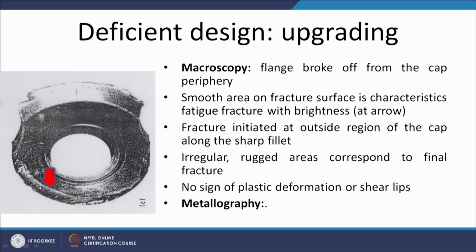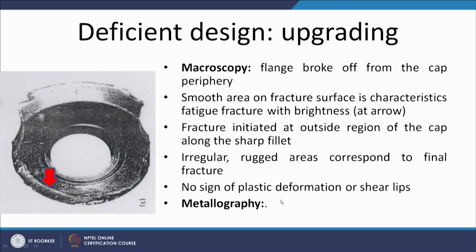A smooth region in this area shows the nucleation of the crack by fatigue, and thereafter it has grown in this direction, and then the sudden fracture zone is rugged, rough and irregular. All this area corresponds to the sudden fracture zone, and the smooth zone shows the location where the crack propagated in a fatigue manner.